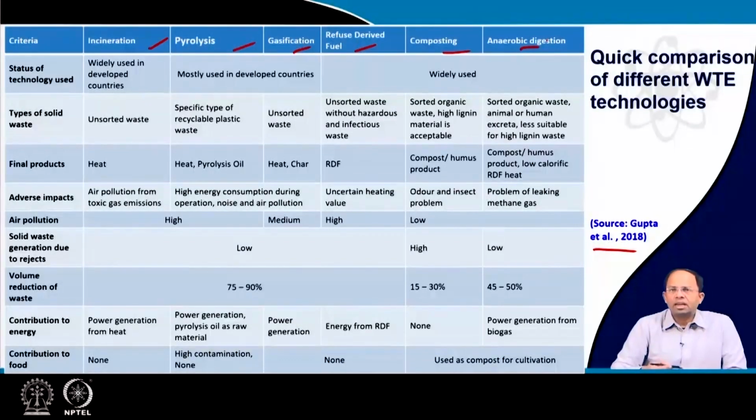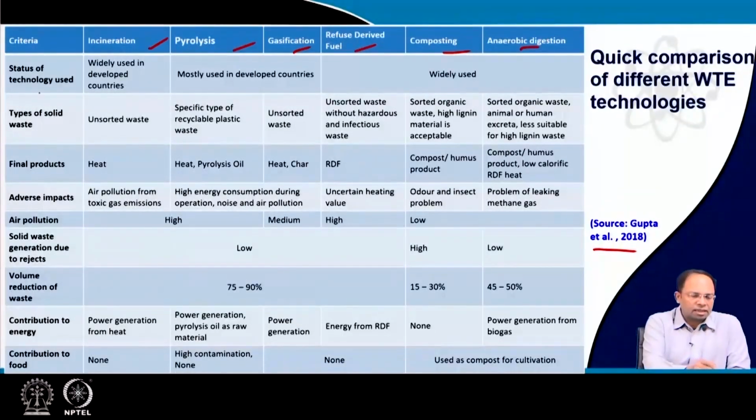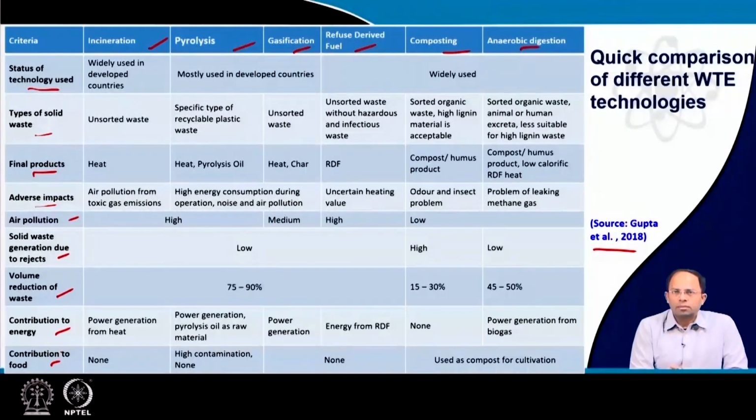We can consider different characteristics like the technology used, type of solid waste that goes into that particular process, final products, adverse impacts, what are the bad impacts of these technologies, air pollution, solid waste generation due to rejects, how much waste goes into the landfill site, volume reduction of waste, contribution to energy, contribution to food production, right?